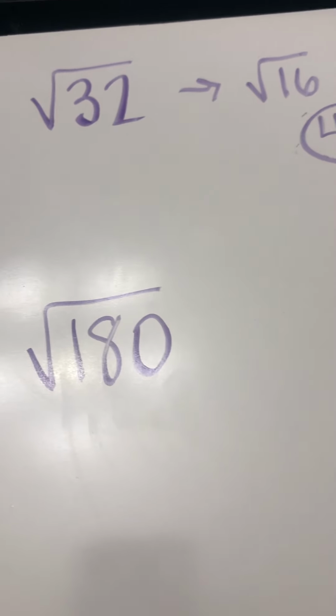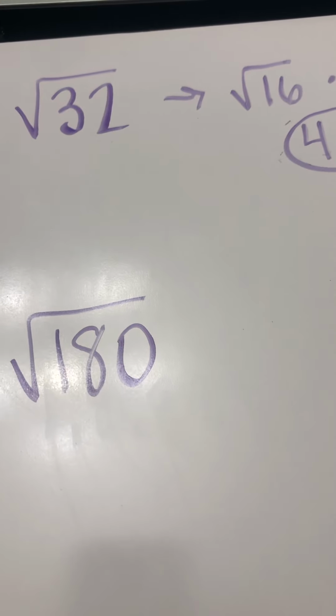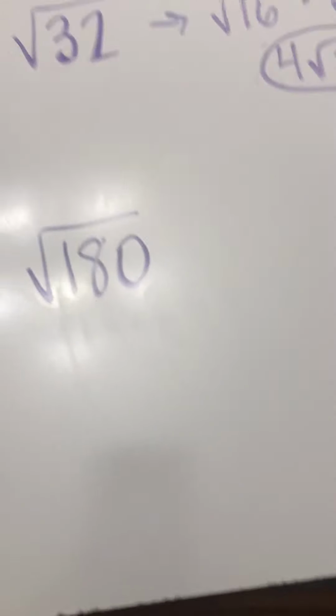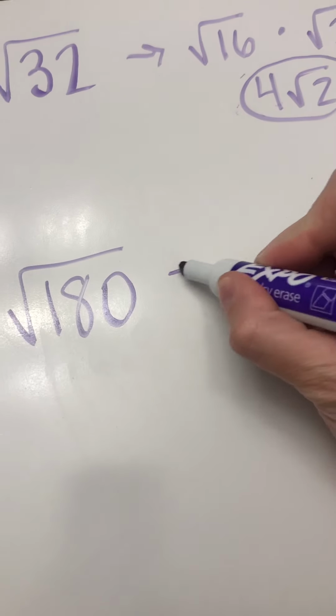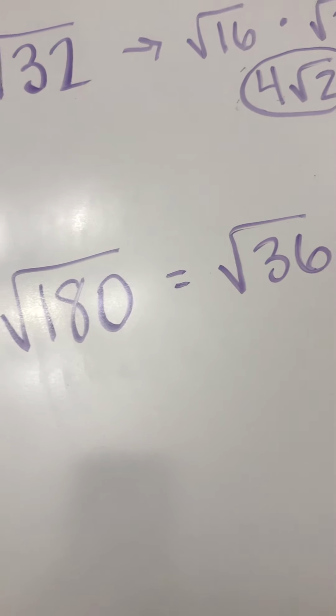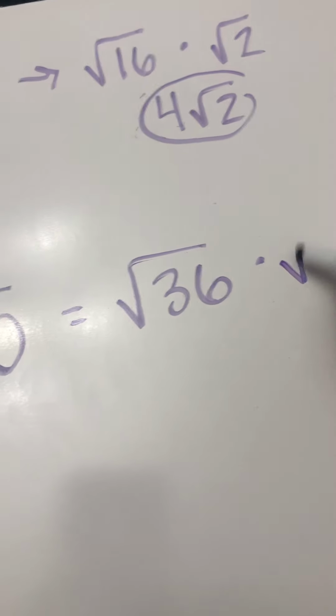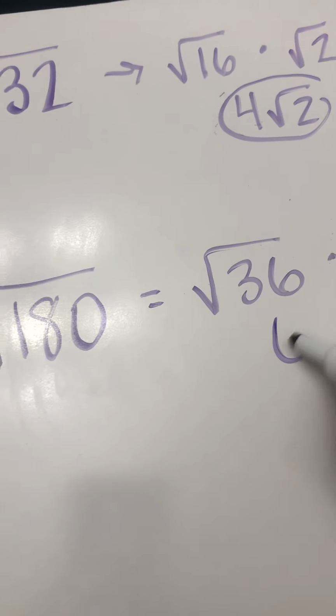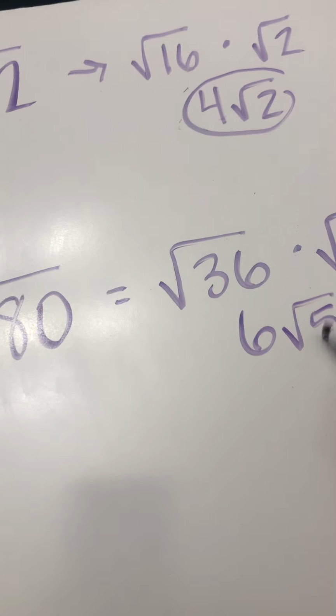But the question is whatever you're finding, the largest square root. And the largest square root that goes into 180 is the square root of 36, and it would be times the square root of 5. The square root of 36 is 6, so 6 radical 5.